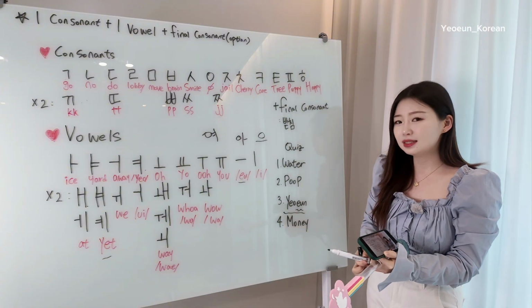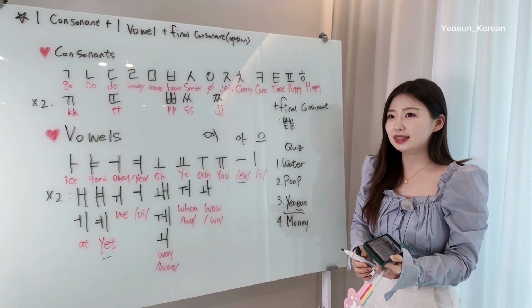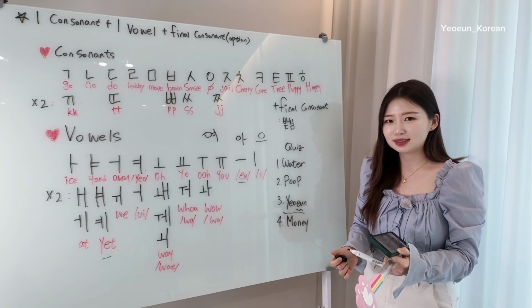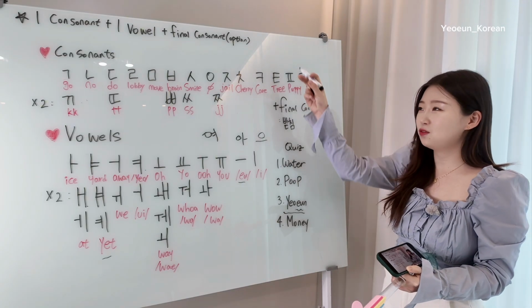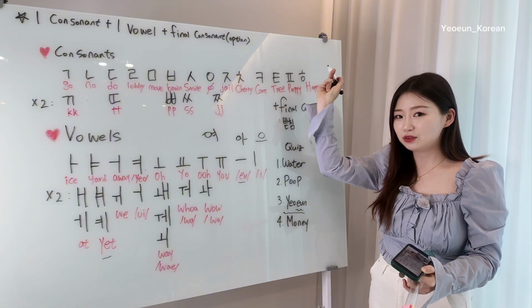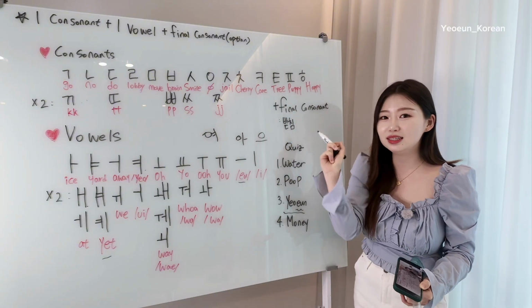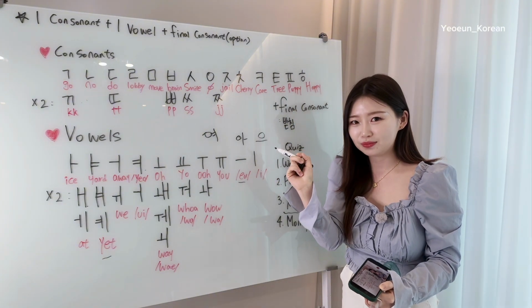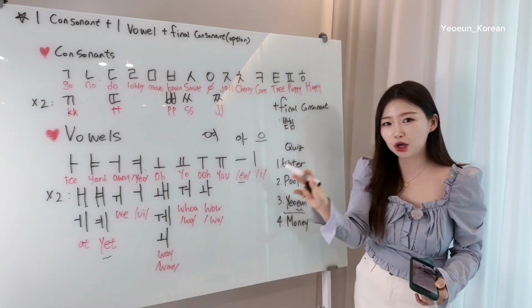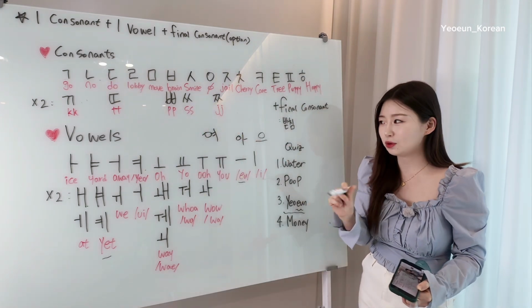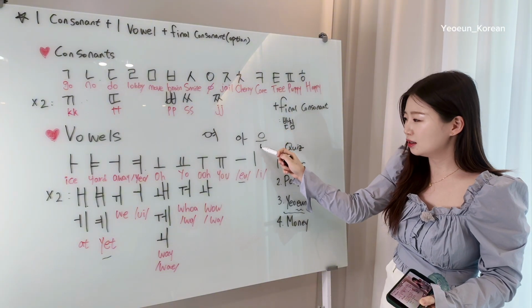But what about the n sound to make un? Yeah, in this case we need the final consonant. The final consonant with the n sound. That's right. We have it here, which is from no, n sound, and we're gonna write it below.